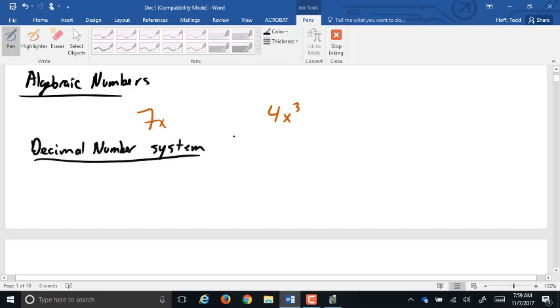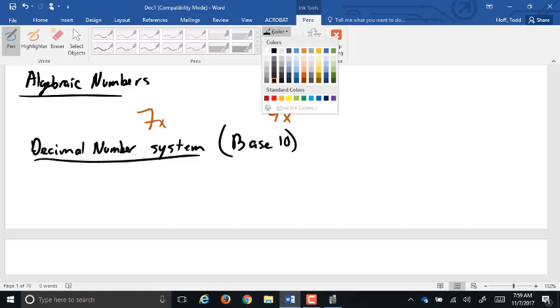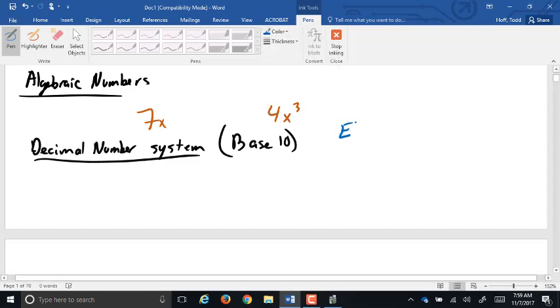Decimal is another word for base 10. And what that means is our place values are based off of the number 10. And what they're really based off of is an exponent. Remember, an exponent has two parts to it.